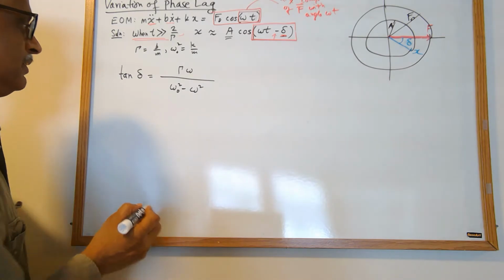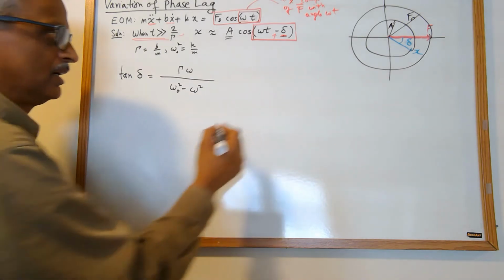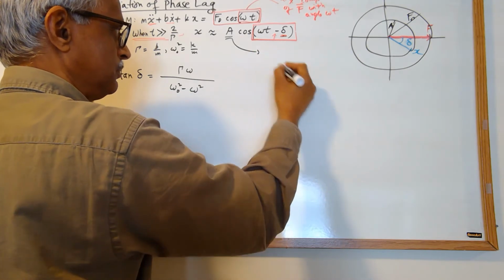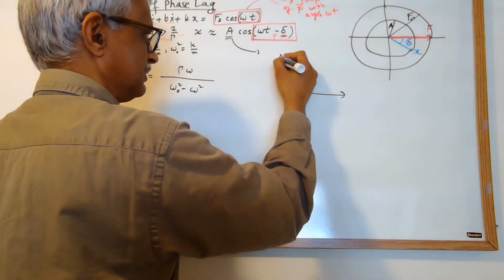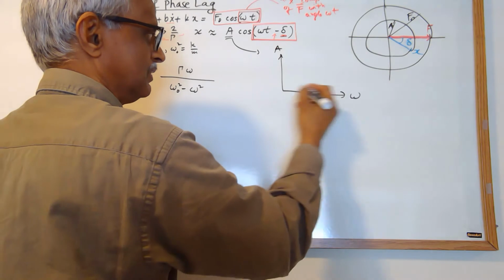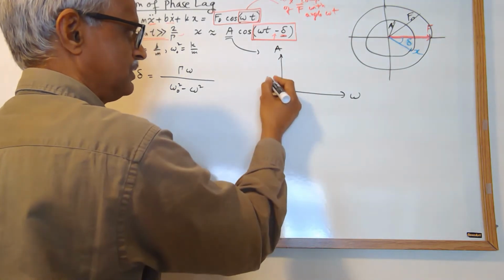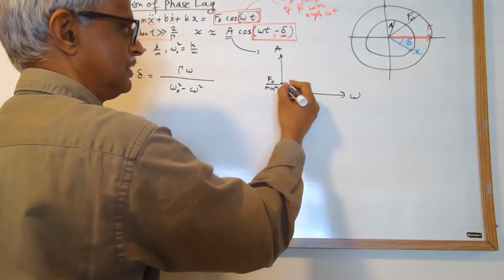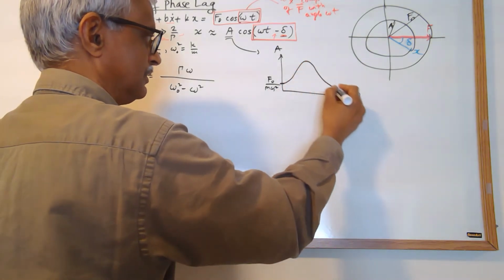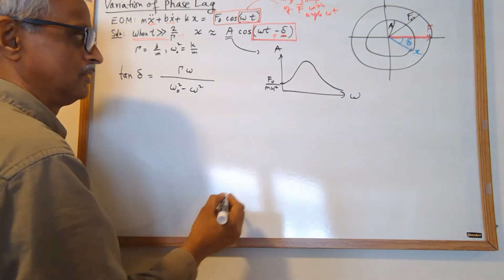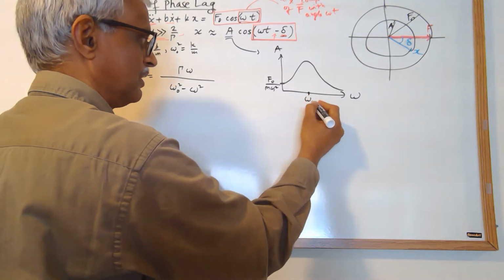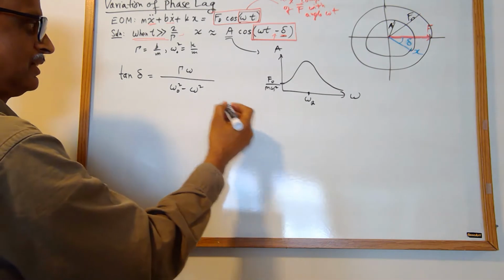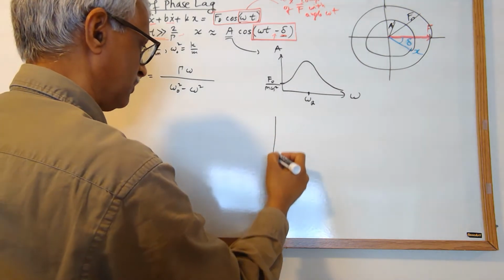Okay, let's look at some values. I want to plot. Well, you remember a plot, right? The plot starts with f0 over m omega 0 square, and it dies out like that with some omega r. I want to do the same thing with the delta. I want to see what the delta plot looks like.